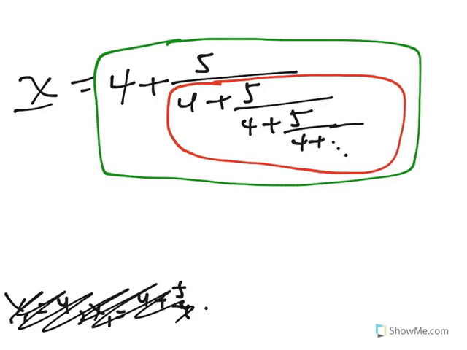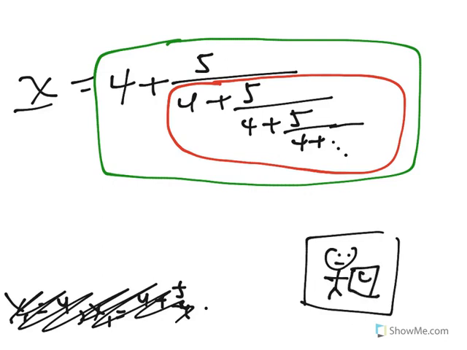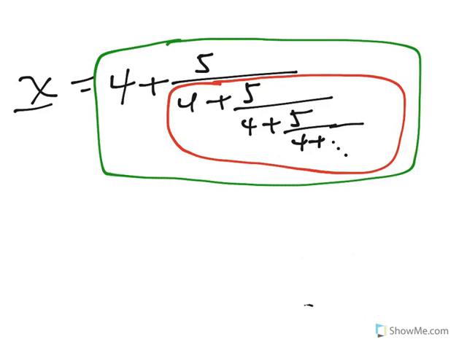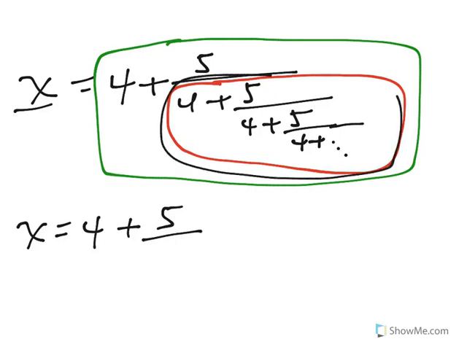This reminds me a little bit of a picture of a person who's holding a picture of themselves, and that little person is holding a picture, and so on and so on. So when you see an expression like this, you can replace this entire denominator, 4 plus 5 over 4 plus 5, and so on, with just an x.